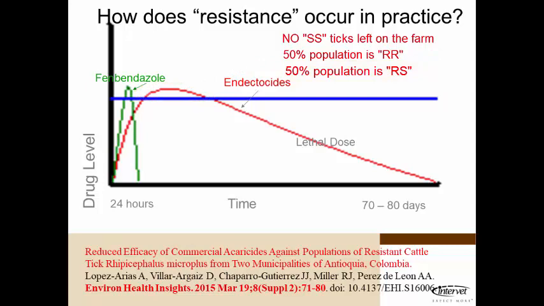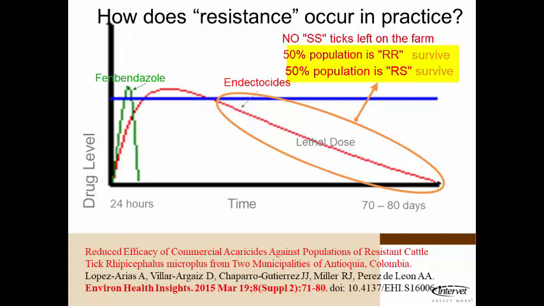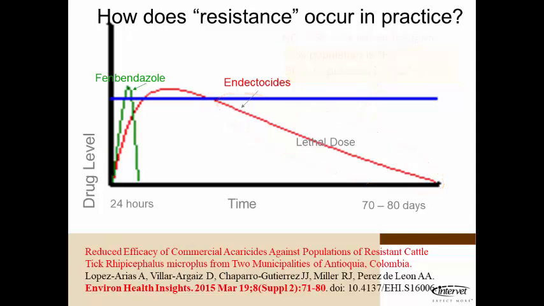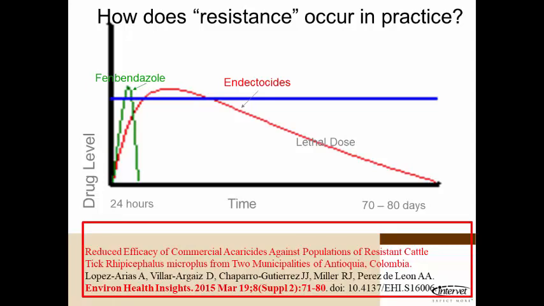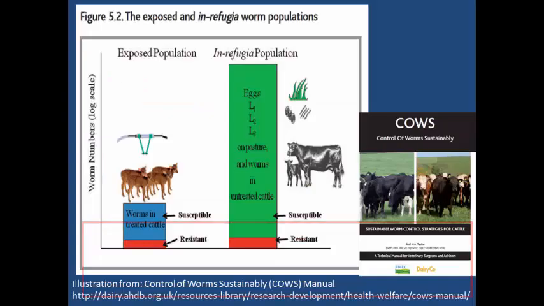And the duration of action is also reduced because in the second month, when the concentrations are decreasing, now all the double S susceptibles have disappeared, and all the ticks that remain in the farm are either double R or heterozygous, and neither of those can now be killed with those lower concentrations. And we have proved this in some of our in vivo studies in some farms, and you may read more about this in the reference provided here below.